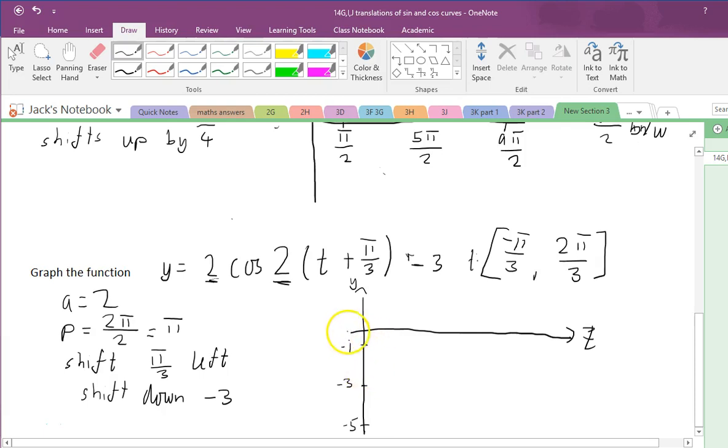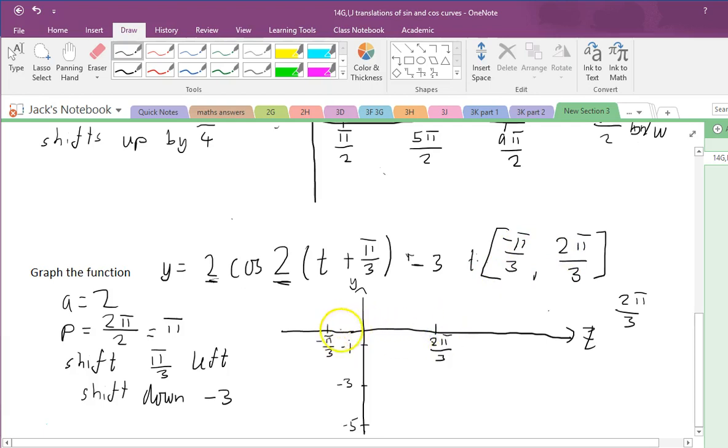We also know that we're starting a bit further this way, at negative pi on 3, and we're going to finish at 2 pi on 3, which completes a full cycle. The difference between negative pi on 3 and 2 pi on 3 is 1 pi.